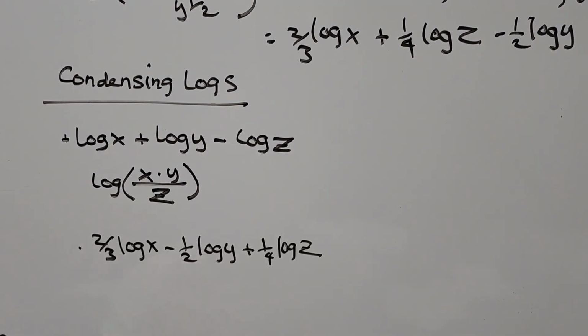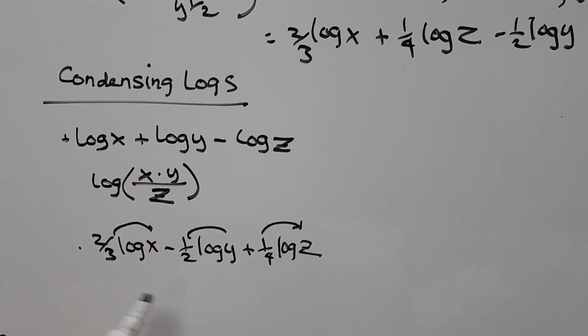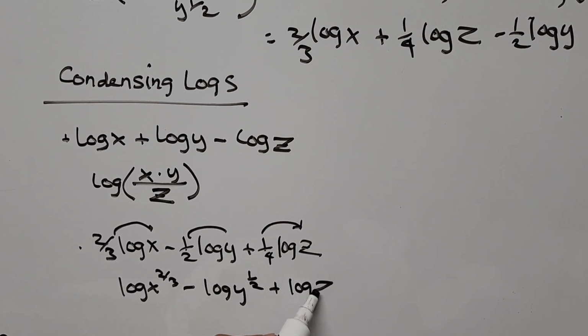What about this? So how do we condense that? So first move the coefficient to the top as the exponent, right? So we have now log of x to the exponent 2/3 minus log of y exponent 1/2 plus log of z exponent 1/4.